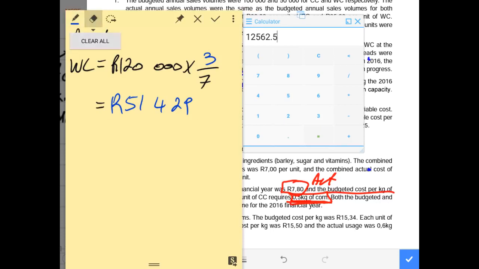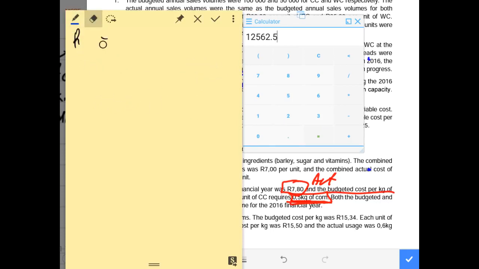So now we have to first calculate the number of crates. We need to calculate the number of crates for each product. The number of crates for product CC will be 12,563.